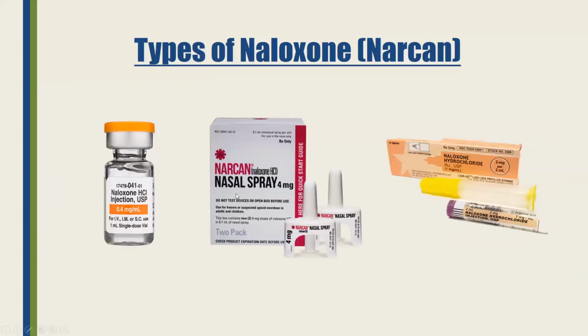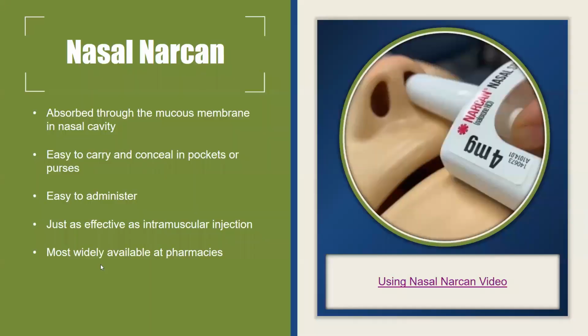Alrighty, so here are images of a couple of our different types of naloxone. Again, we're going to focus on the nasal spray, but just know that there are other ones that exist too that your patients may have access to. Nasal Narcan. So in a box of nasal Narcan, there are 2 doses, holding one up to the camera here for you all, that look like this.